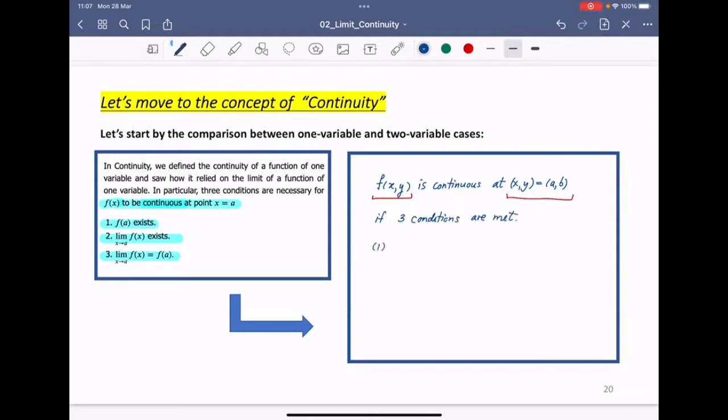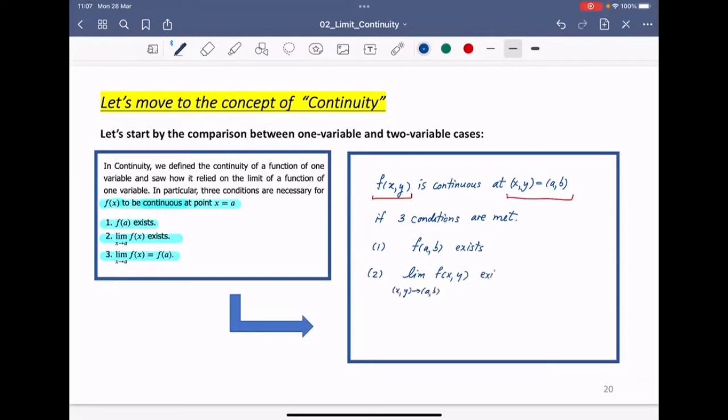Same thing. Condition number 1, you need f(a,b) exists. This is the same thing as in Calculus 1. You need to check that the function f is defined at the point (a,b). Second one, you need to compute the limit of f(x,y) where (x,y) goes to (a,b).